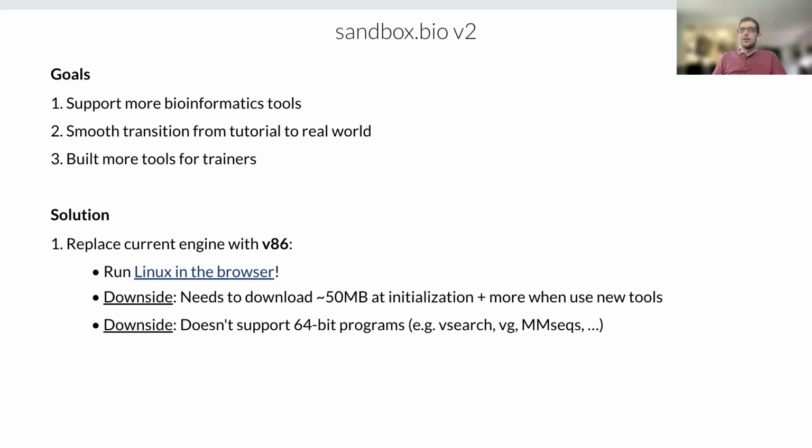So that's not really a big difference, but it does limit the amount of tools a little bit. But I think most bioinformatics tools do support compiling to 32-bit. And this is a feature that a lot of people want from v86. So my sense is that this will get implemented down the line, and then we can start supporting even more tools.